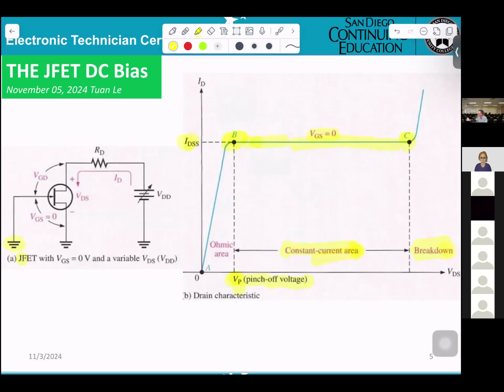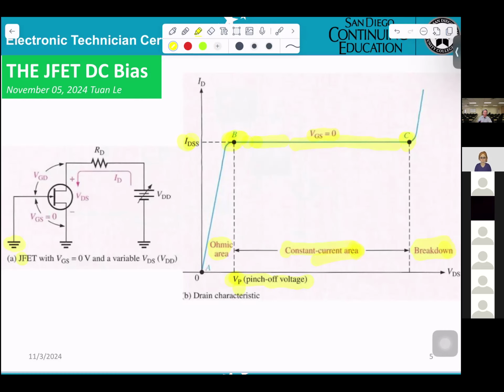However, from the current ID equals 0 up to that point B, they say this is the ohmic area. That means you can use the JFET like a resistance.